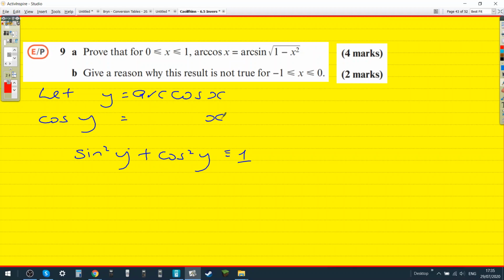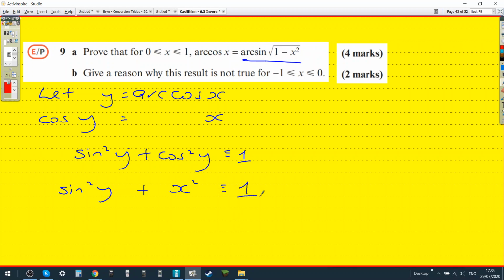Okay. Cos y equals x. What is cos squared y? 1 minus sine squared y. Yep. In terms of x? X squared. Yes. And so we have to have just x's in our answer.